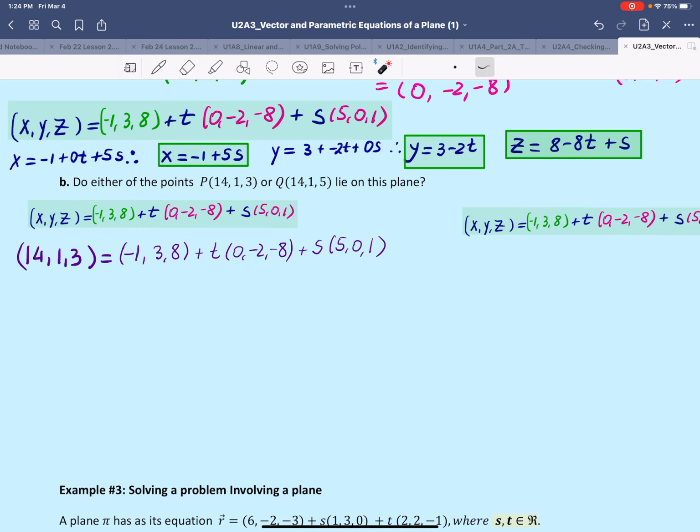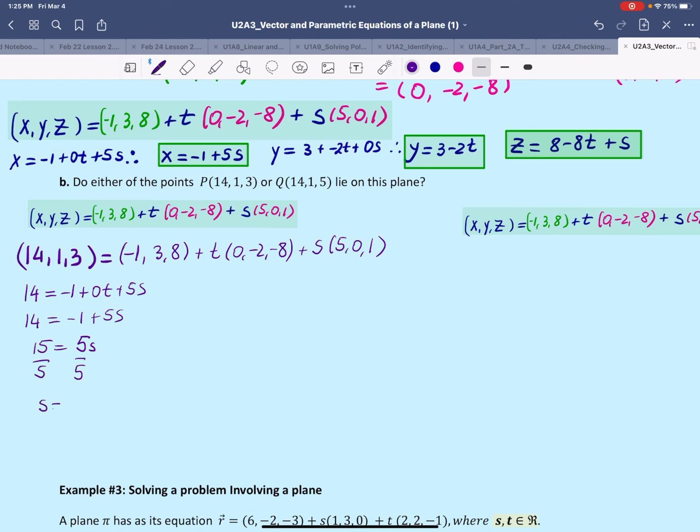So we're going to say that 14 equals negative 1 plus 0t plus 5s. So 14 is negative 1 plus 5s, which will give the s value equal to, remember, 15 on one side. So letter S is a very difficult letter to use, especially next to a 5 here.